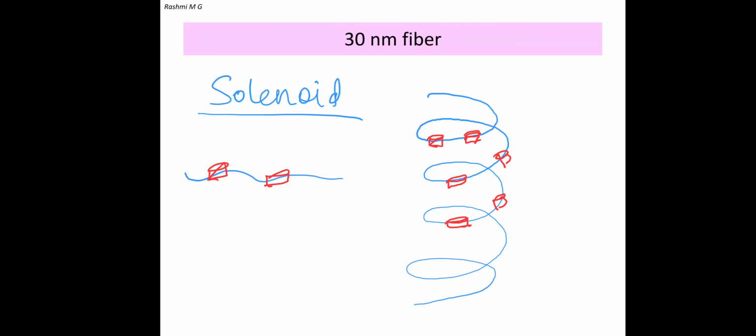There is interaction between nucleosomes which occurs sequentially. It is characterized by interaction between consecutive nucleosomes, n plus 1, then n plus 2 and n plus 3. So there is interaction between the histone cores. This is a solenoid.